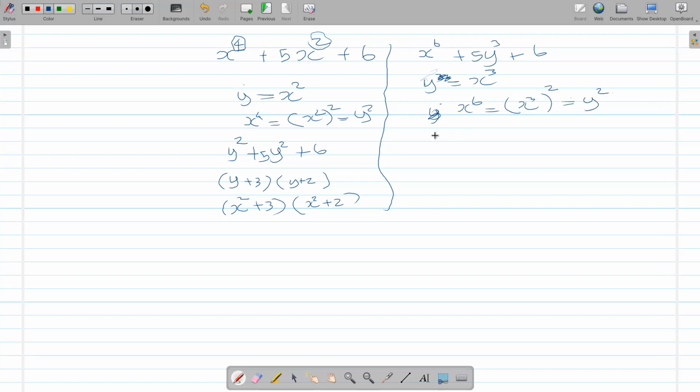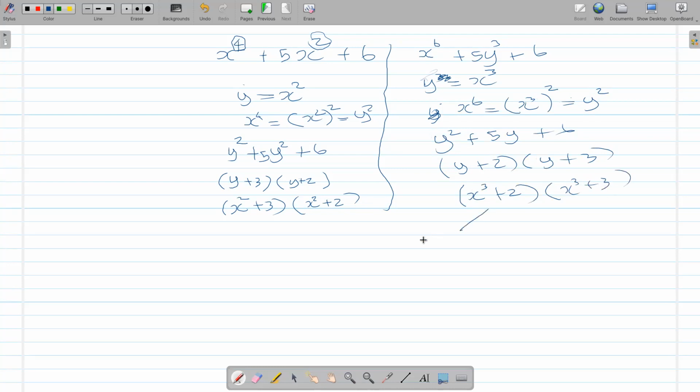So I can say y squared plus 5y plus 6. Again I can go y plus 2, y plus 3, then y is x cubed. Now x cubed plus 2, x cubed plus 3.